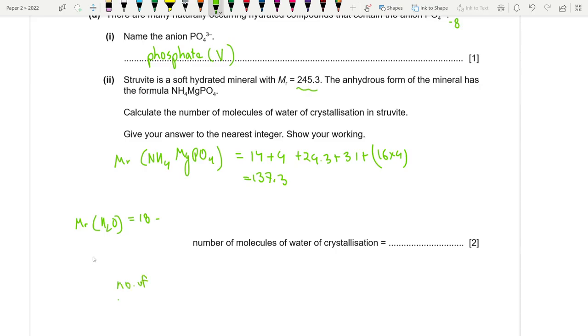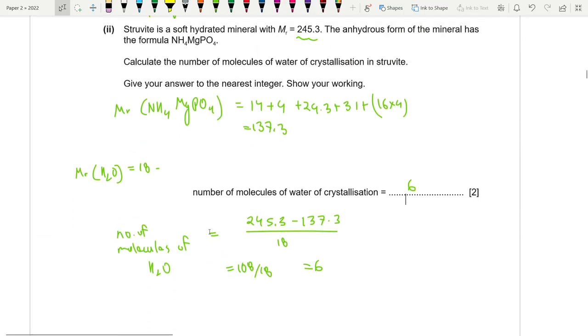So the number of molecules of H2O is equal to the net mass 245.3 minus 137.3, divided by 18. 108 divided by 18 gives you an answer of 6. So you're getting an answer of 6 molecules of water. Great.